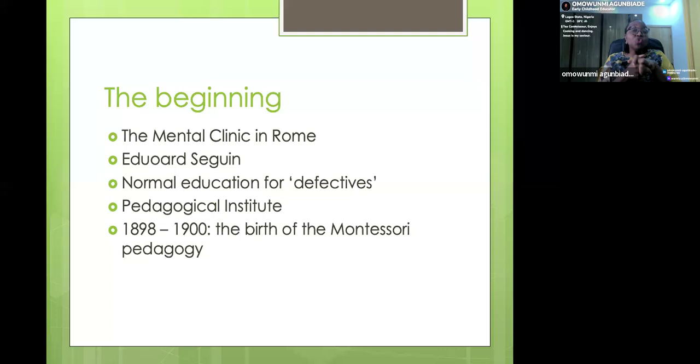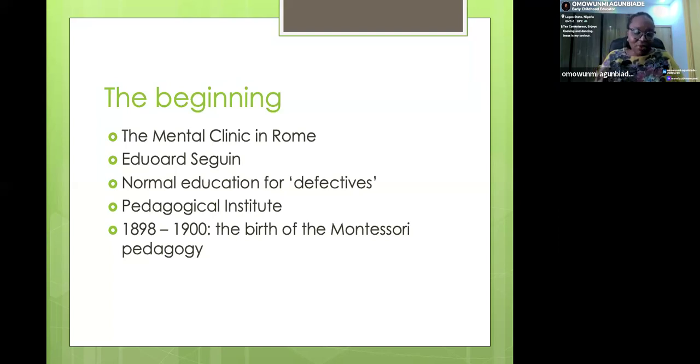And Maria Montessori, because of how passionate she was, was reading through Seguin's and Itard's research. She translated Itard's writing, 600 pages, into Italian all by herself. So like I said, she was a very phenomenal woman.